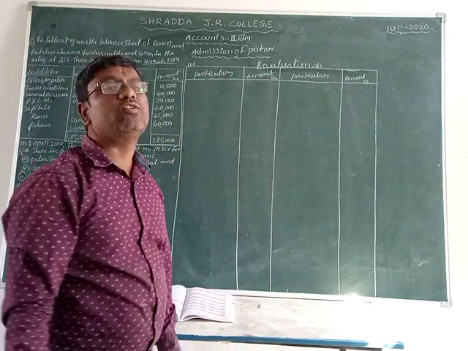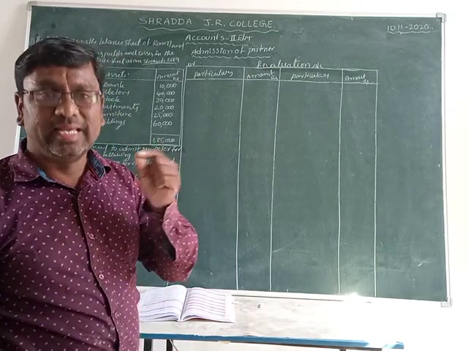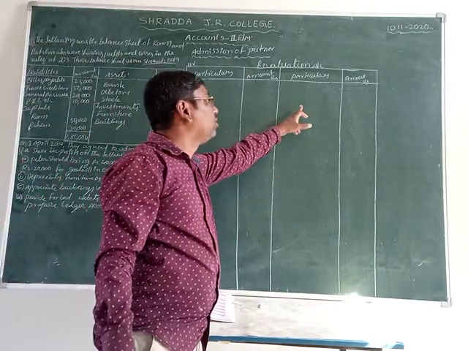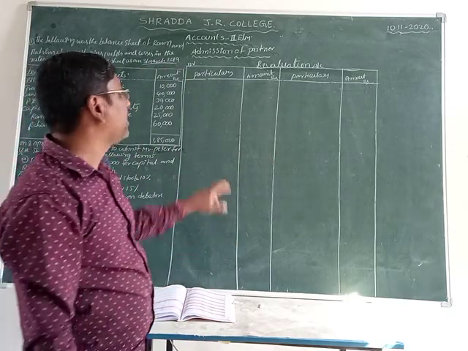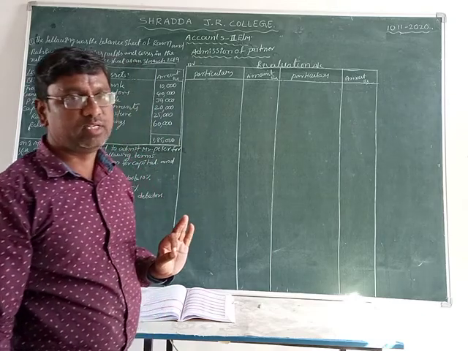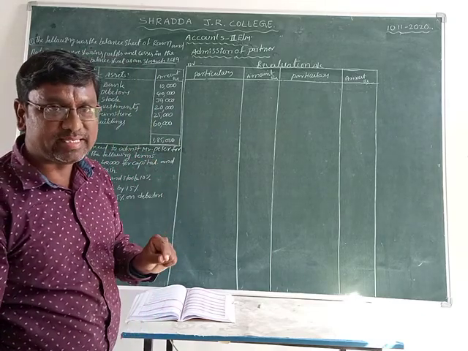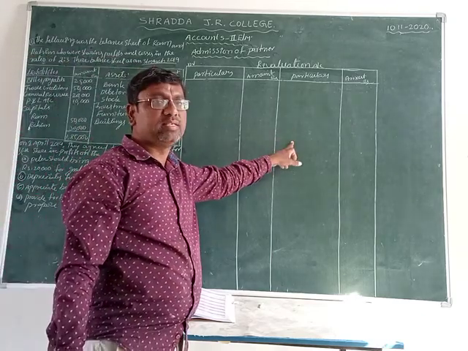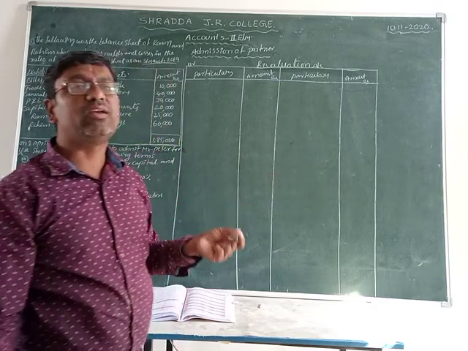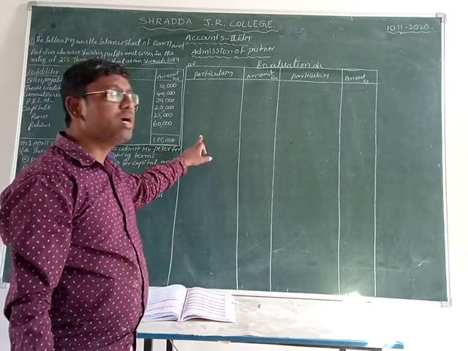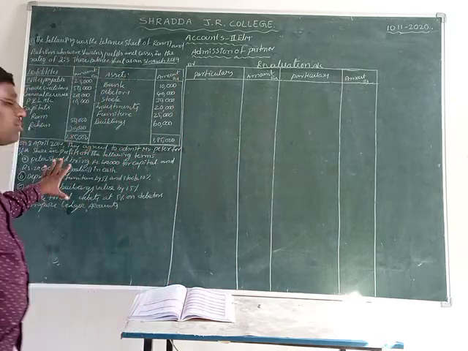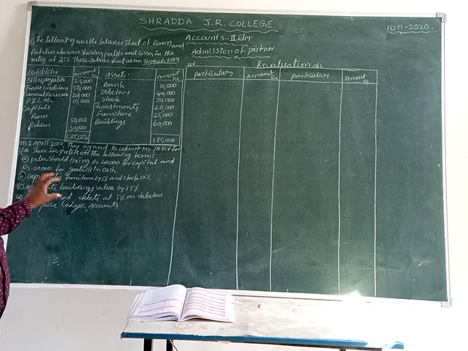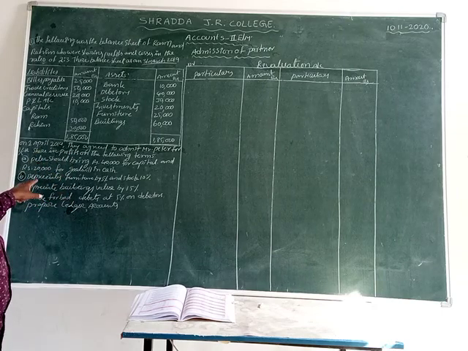What do we record in the revaluation account? An increase in asset value we record on the credit side. A decrease in asset value we record on the debit side. Is it clear now? This revaluation account records only the adjustments given, that is, depreciation on furniture and appreciation on buildings.